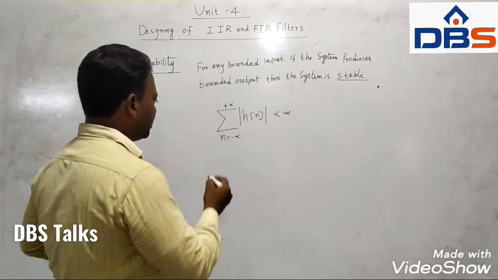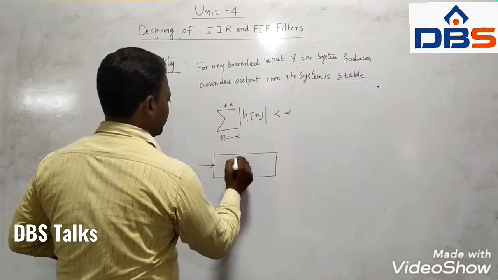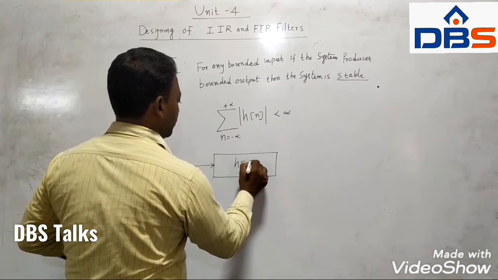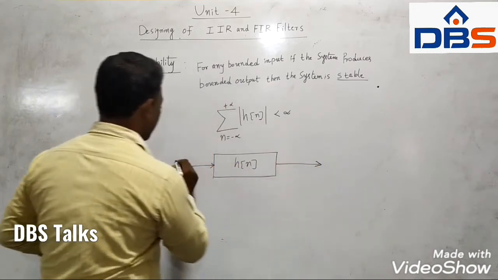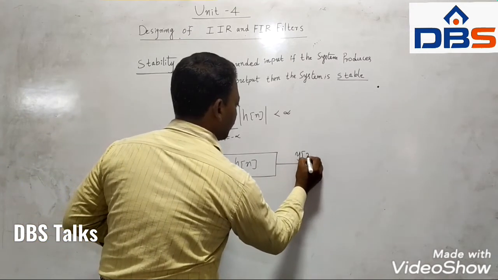Generally, if you have a discrete time LTI system with an impulse response h of n, and you apply some input x of n, the output is y of n.